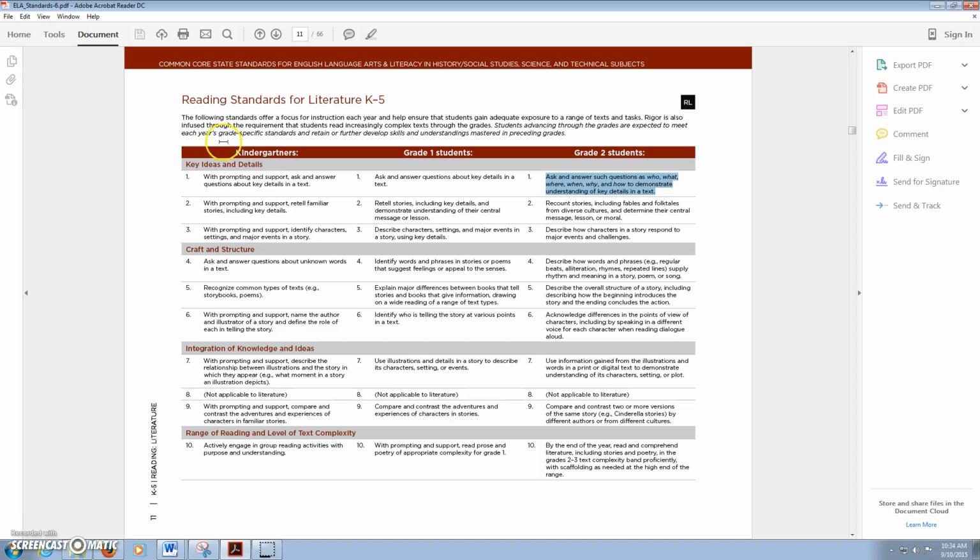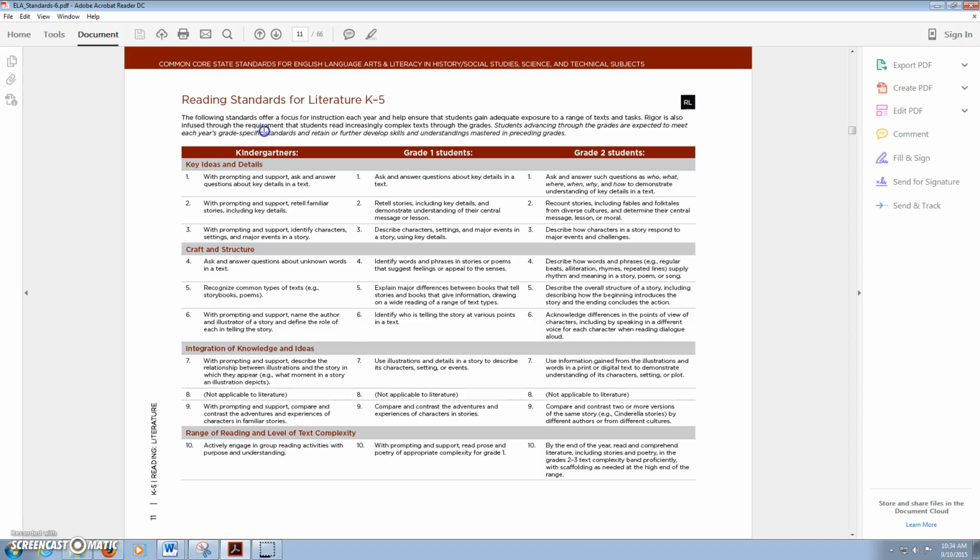So all of these standards are related to anchor standards. So kindergarten standard number 1 for reading is related to anchor standard number 1. Grade 1 standard number 6 is related to anchor standard number 6 for reading, and so on. So you get the idea.